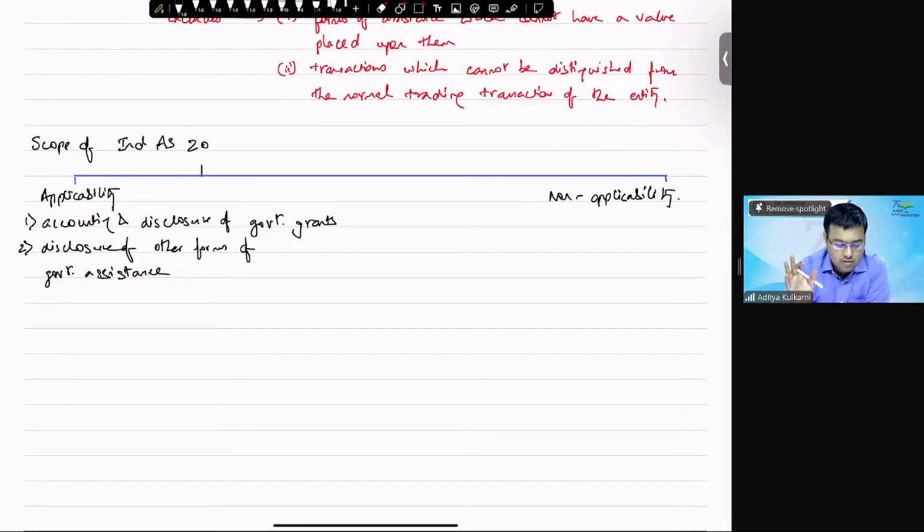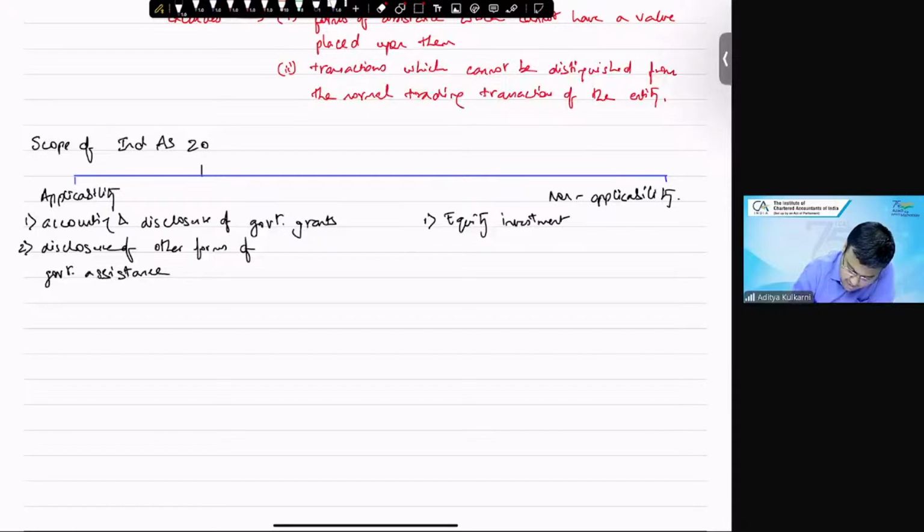Now exclusions. First one. Equity investment by the government.